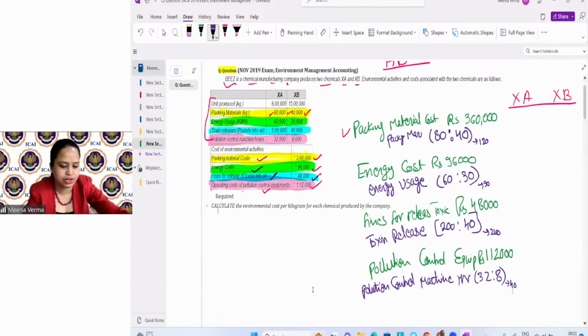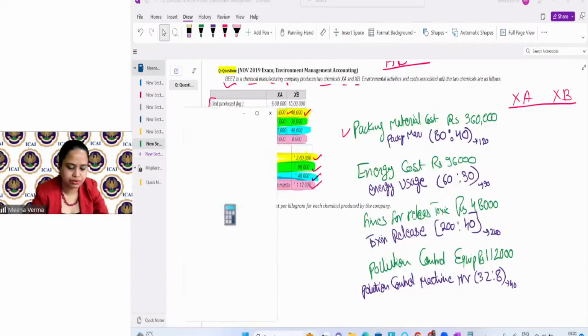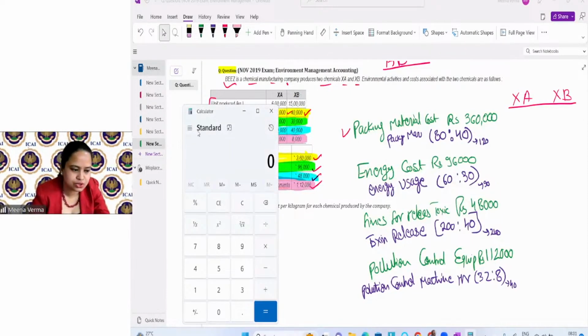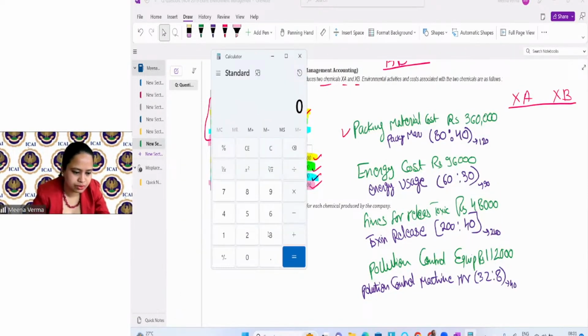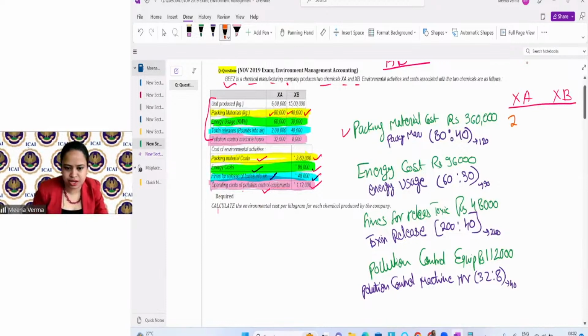So I'm using the calculator in front of you. Right, and let's do this question. Two lakh 40,000. So this is coming as 2,40,000. And what else?